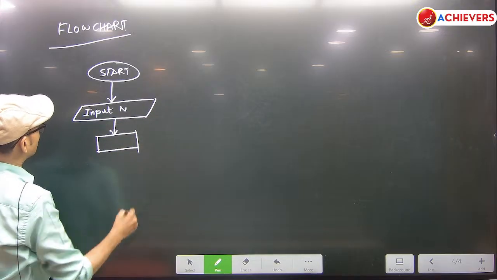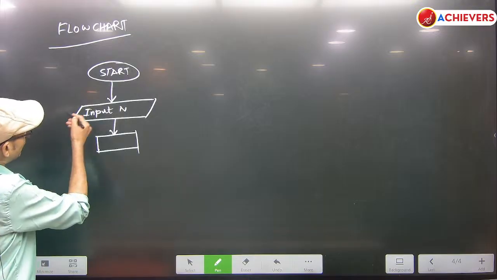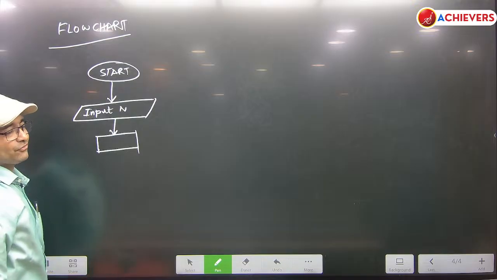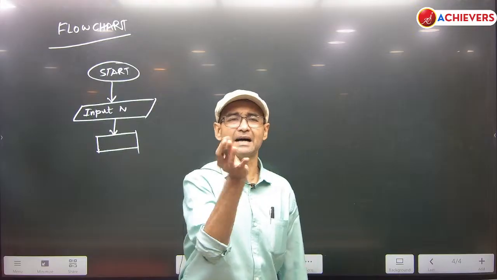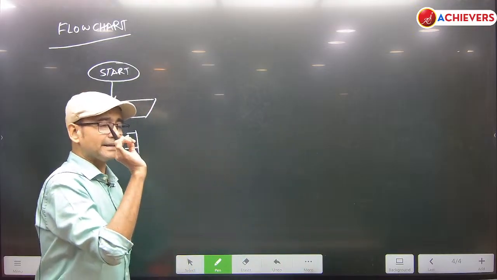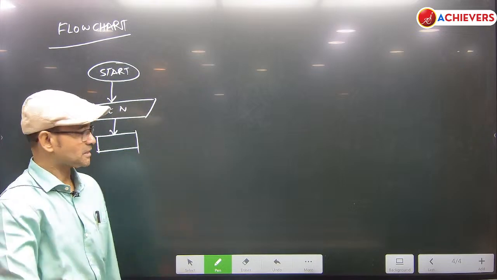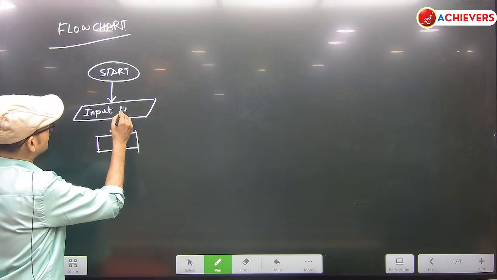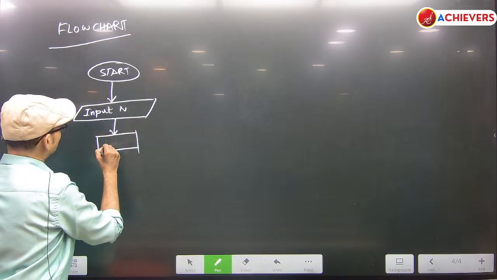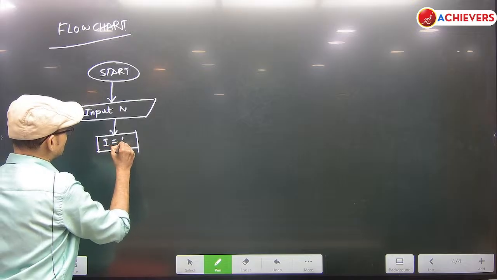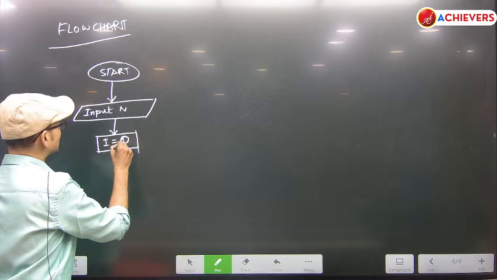The straight rectangle is for defining or declaring something, and the oblique rectangle is for the input or output of some unique variable or multiple variables. Over here we are considering the input of one variable n, and then we are defining I as 1, I initialized to 1, or rather I initialized to 0.